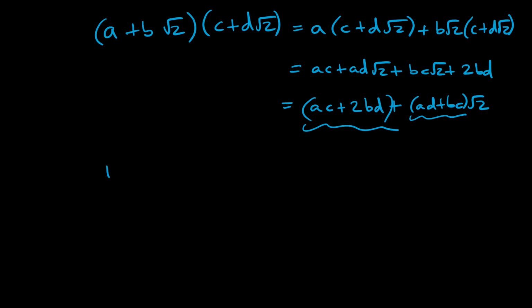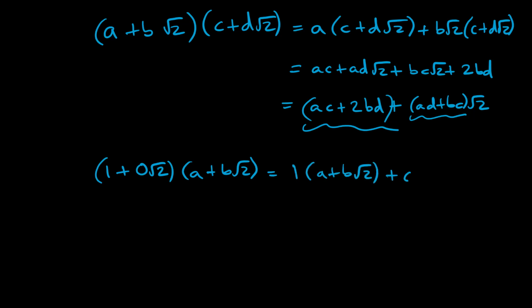Observe that if you take 1 plus 0 root 2 and multiply it by a plus b root 2, we get 1 times a plus b root 2 plus 0 root 2 times a plus b root 2, which gives us a plus b root 2. So clearly this element of the form 1 plus 0 root 2 functions as our multiplicative identity.